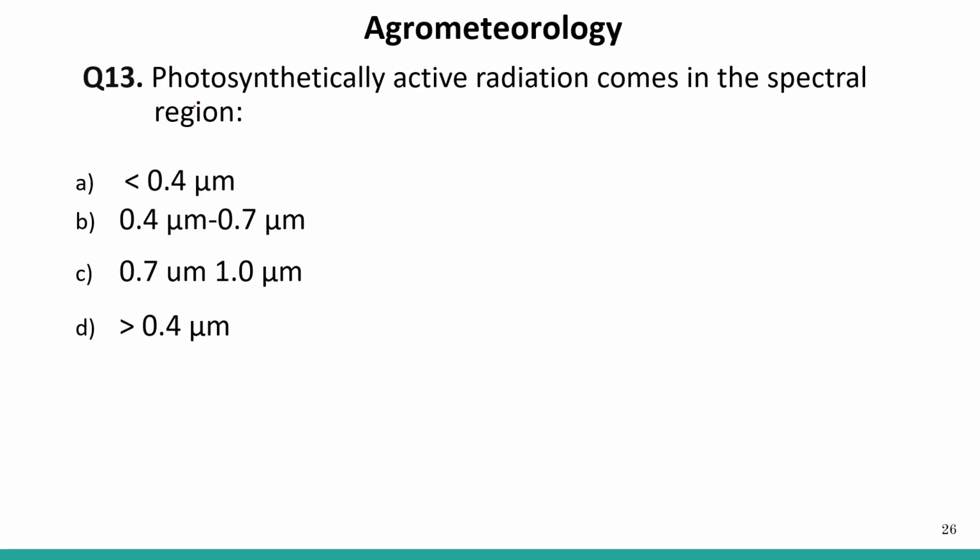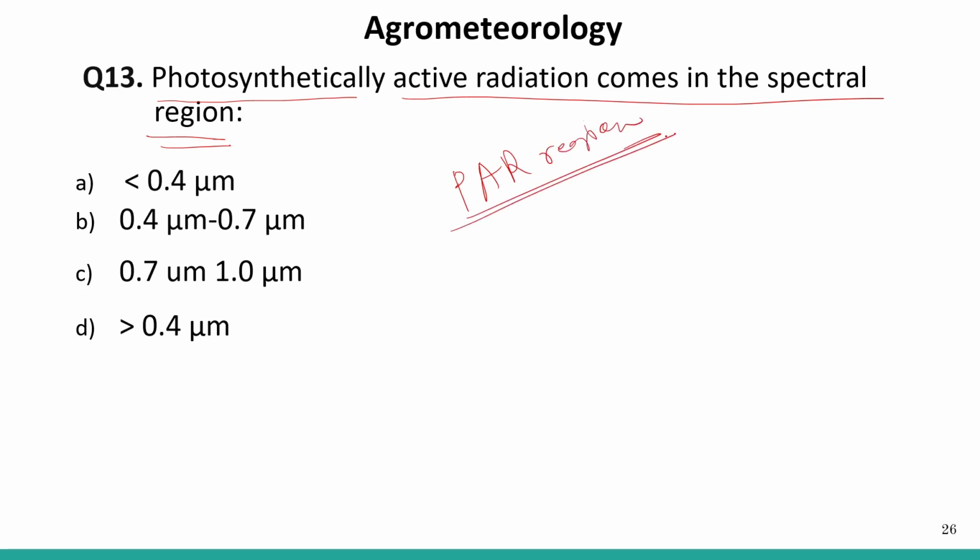Next question. Photosynthetically active radiation comes into the spectral region. So just now we have discussed the PAR region, that is 400 nm to 700 nm, that is 0.4 micrometer, which can be represented in micrometer also, right?